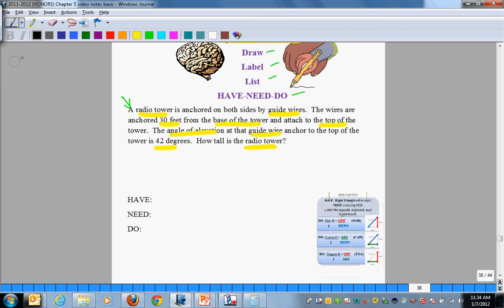Our players are basically here. We have a radio tower of some sort. So it's sending out radio waves. And we have guide wires that anchor the top of the tower to the ground.